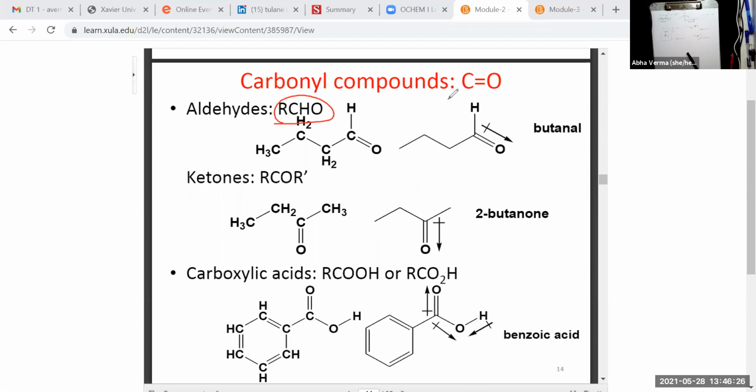If you look here, and if you remember, your alcohols have a general formula of ROH. What is the pattern that we see? We see a COH.